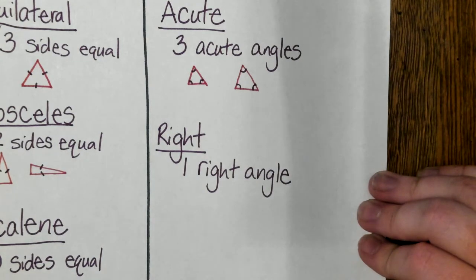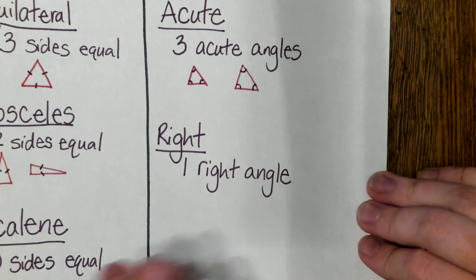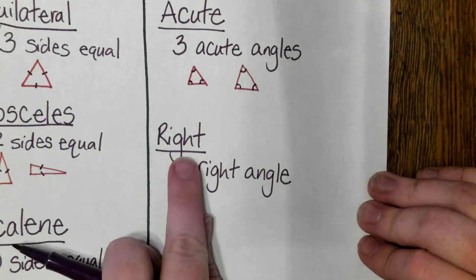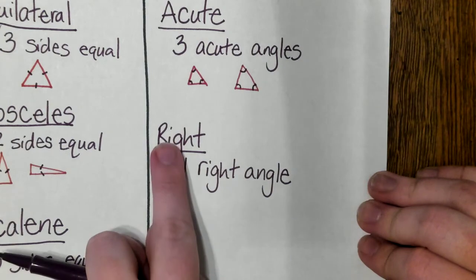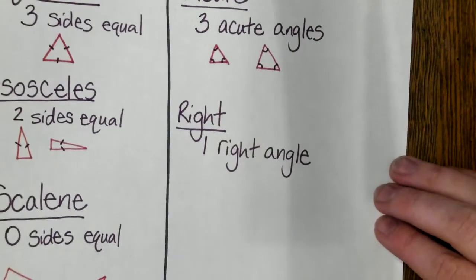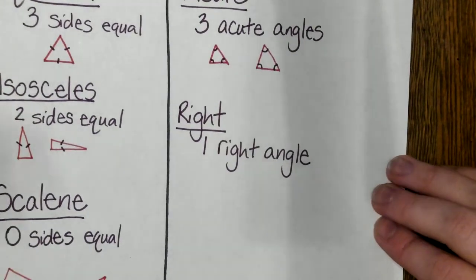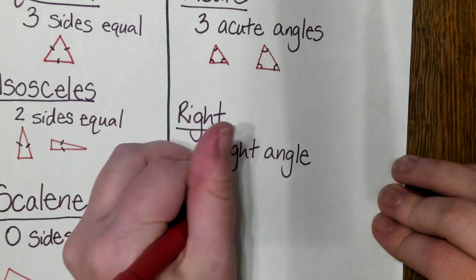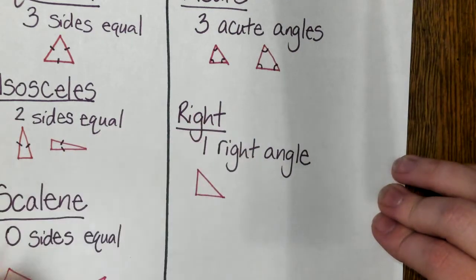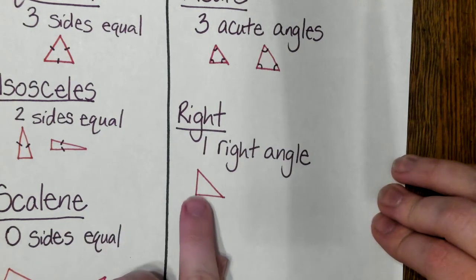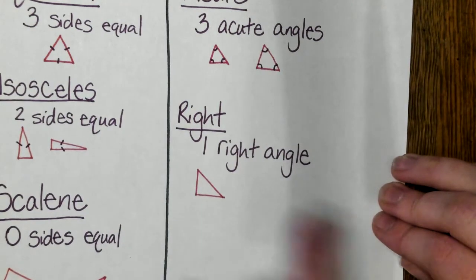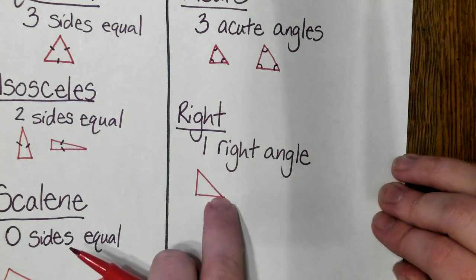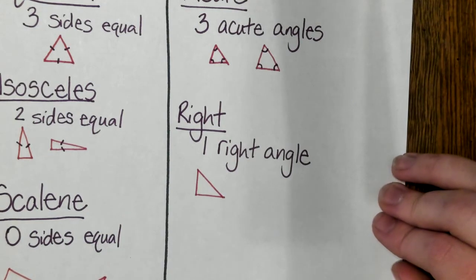Anytime you see a right angle, it's going to be a right triangle, no matter what. If it has a right angle, it's a right triangle. So that's going to look like this. If one angle is right, that means that the other 2 have to be acute.